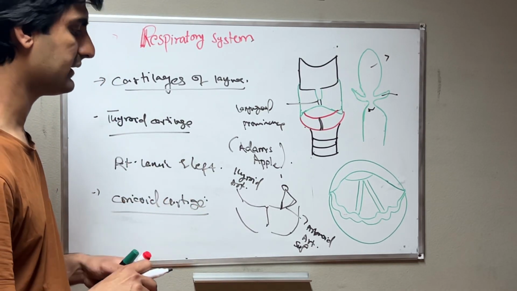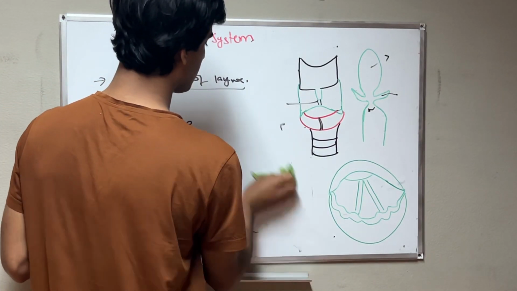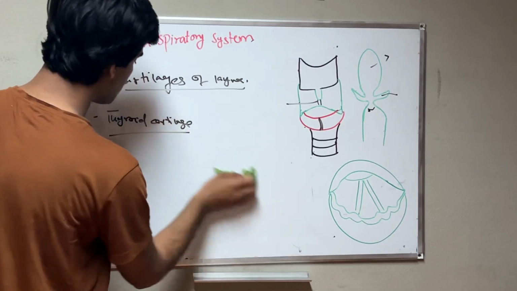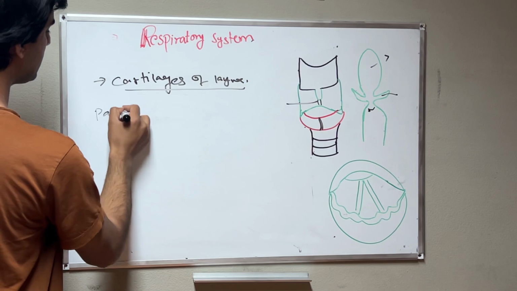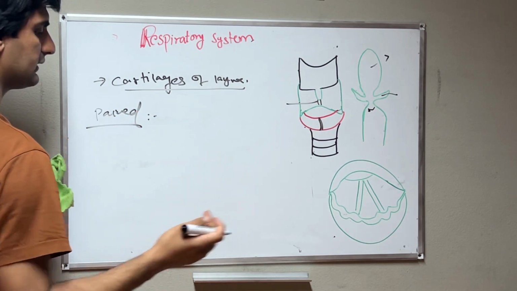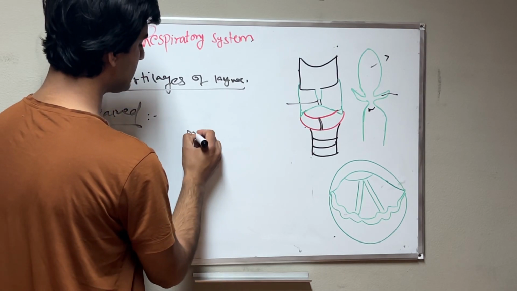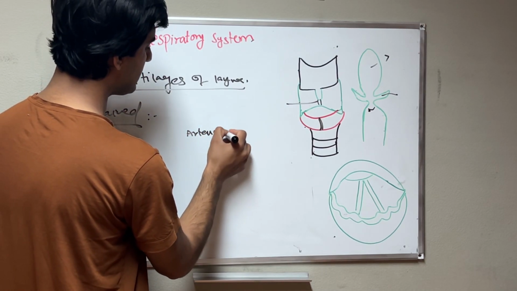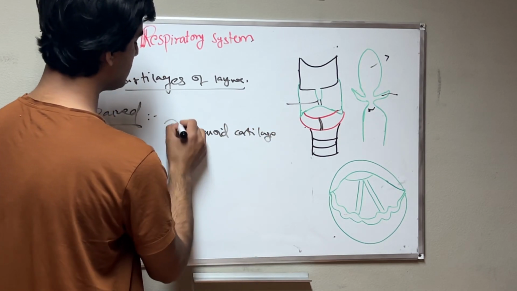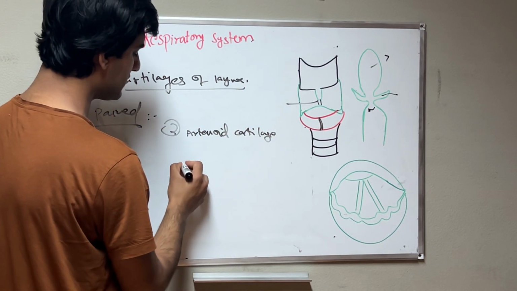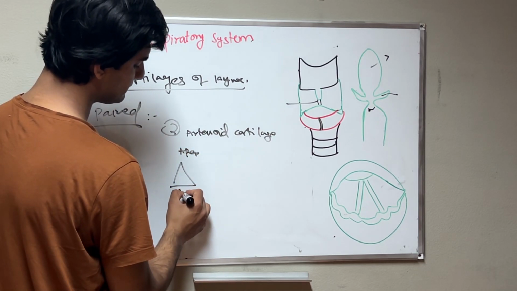Next, paired and unpaired. Among the paired cartilages, we have 3, and plus 3 unpaired is 6 total. First we talk about the Arytenoid cartilage. There are 2 Arytenoid cartilages, which I already said are triangular in shape. Here we have the apex and base.